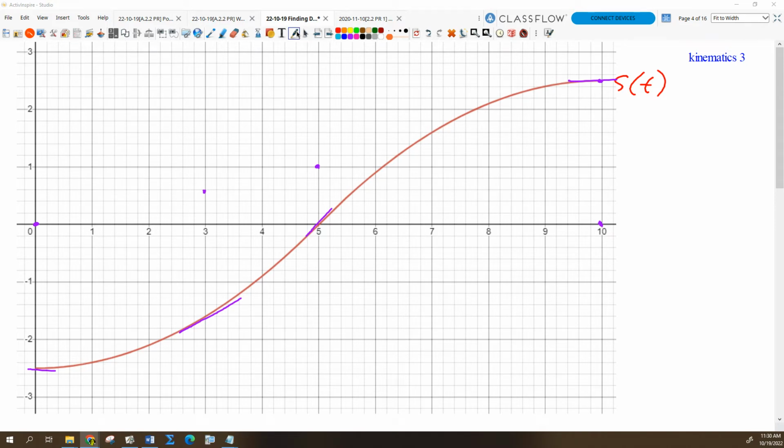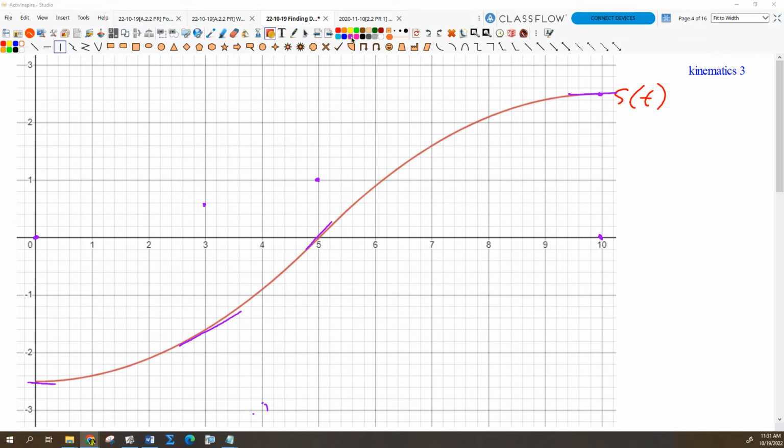Okay. And then, so what's this thing going to do? Yeah, it looks like it's increasing, starts at 0. The slopes are increasing up to a maximum. The steepest slope is at 5, agreed? And then they're going to decrease but stay positive going back down to 0, right? Now, if we make the assumption that this velocity is changing smoothly, uniformly, we could just do this.